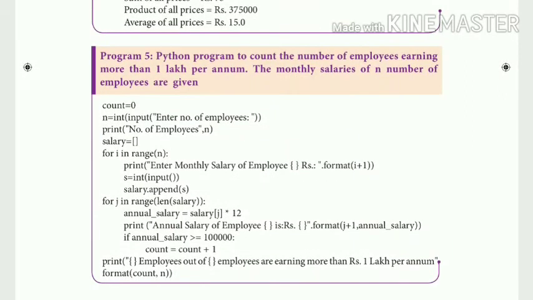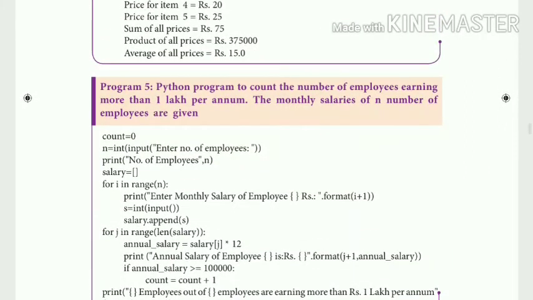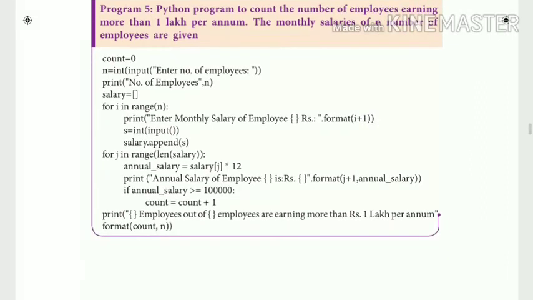Next, you can see a Python program to count the number of employees earning more than 1 lakh per annum. The monthly salary of n employees is given here. Count is equal to 0, n is equal to the number of employees, given as input from the user. Printing the number of employees.